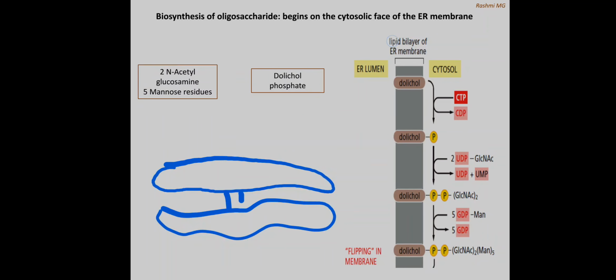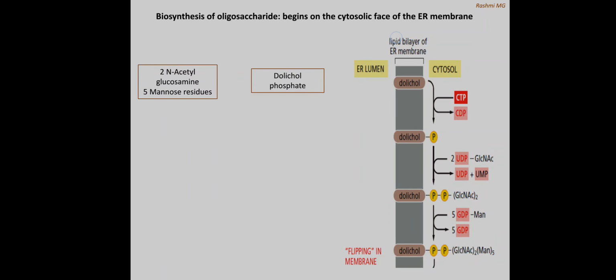So the biosynthesis of the oligosaccharide begins at the cytosolic phase, and the 2 N-acetyl glucosamine and 5 mannose are added in the cytosolic phase itself. After that, this unit is attached to the dolichol with the help of a pyrophosphate bridge. Okay.